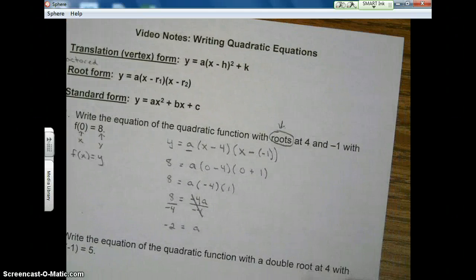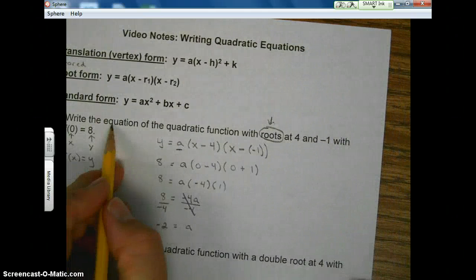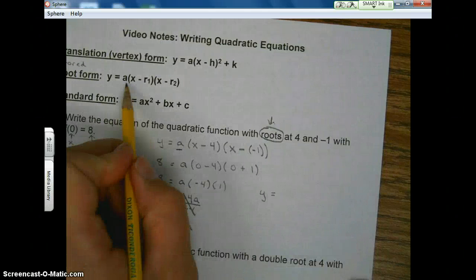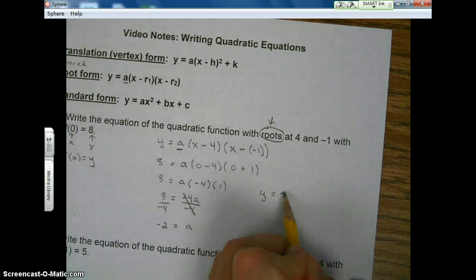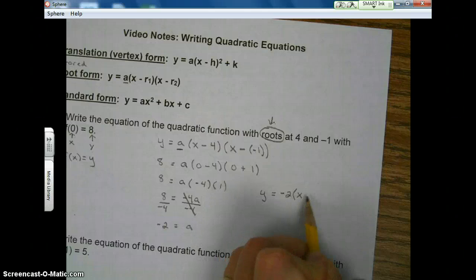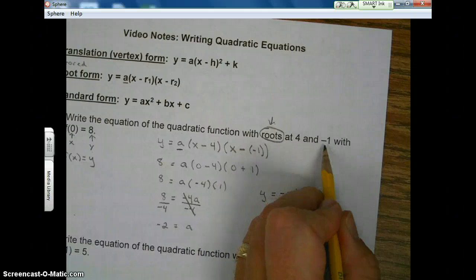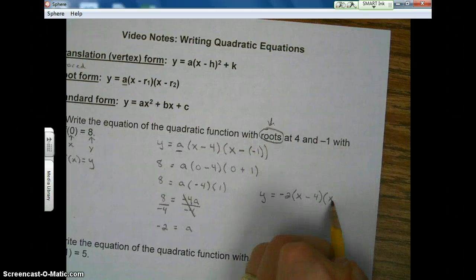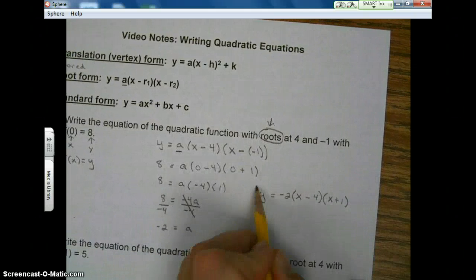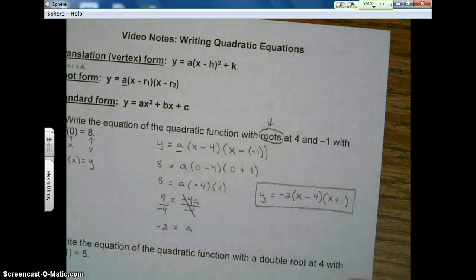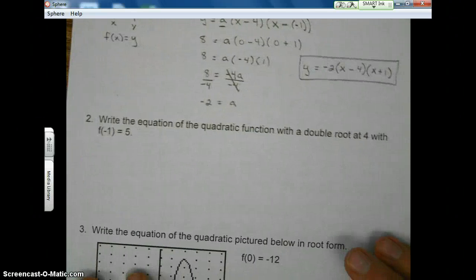Now that we found the a value, we can write the equation. Here we go: y equals -2 times x minus 4 times x minus -1, which is x plus 1. And there's your answer.